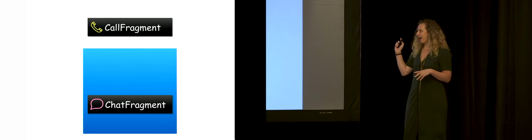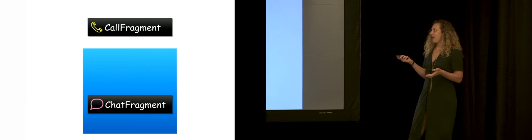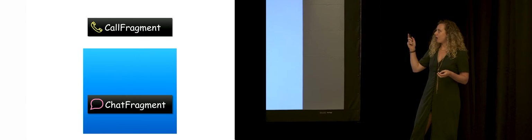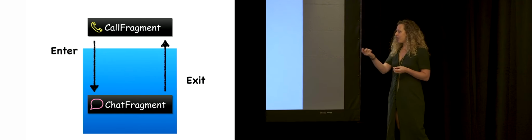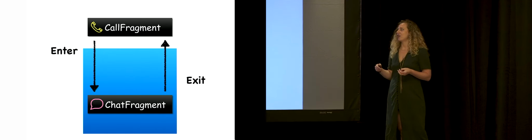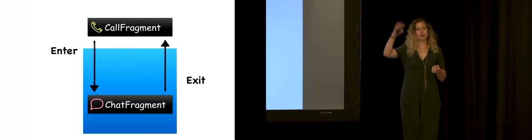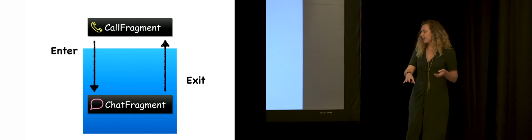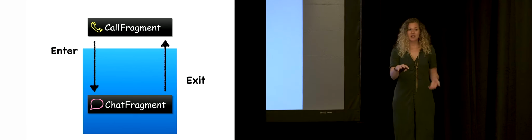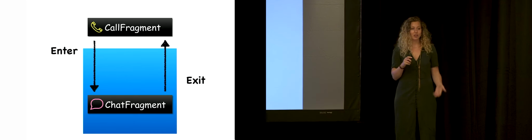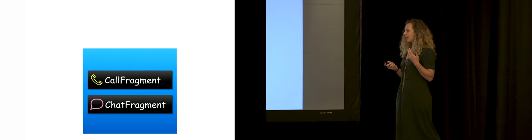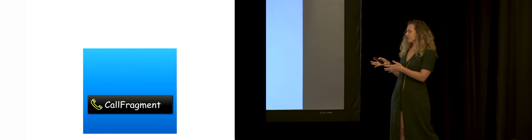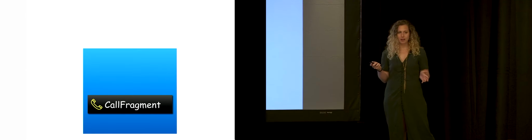So basically, if I have on my stack a chat fragment, and I want to have a call fragment pushed in, so for that, I have an enter animation for the call fragment because it enters into the stack. And a chat fragment is going to go out. So it's going to have an exit animation. And now the stack is going to look like that. We'll have a call fragment, and that's it.